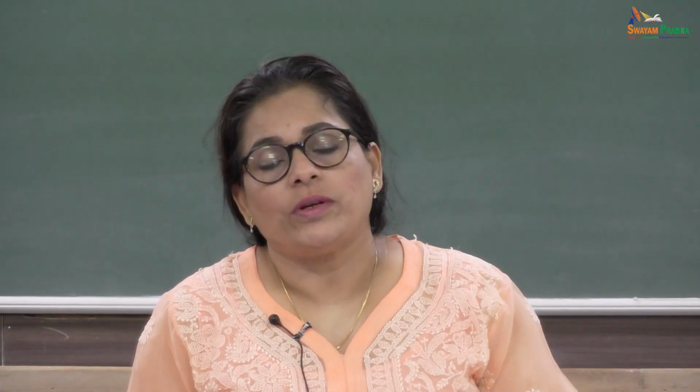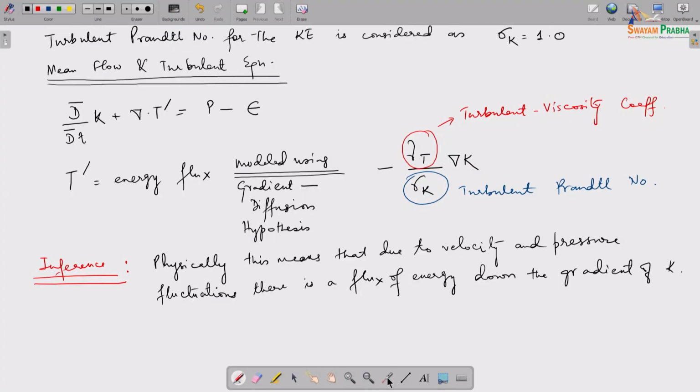Energy is not being transferred from smaller eddies to bigger eddies; it's actually the other way around. So there is a direction. The energy flux, which I'm modeling using the gradient diffusion hypothesis, is transferred along the gradient of K. And of course, why is there an energy flux? That's because there are changes in velocity and pressures.